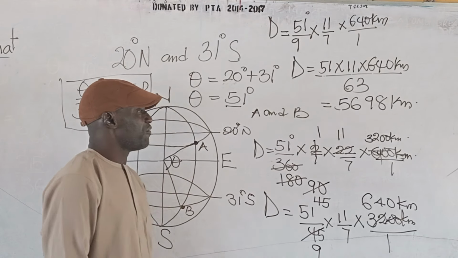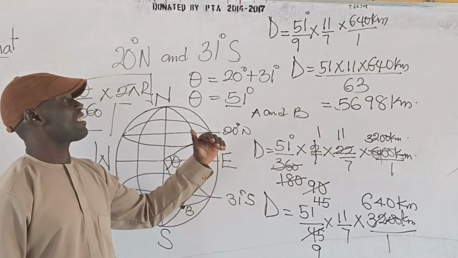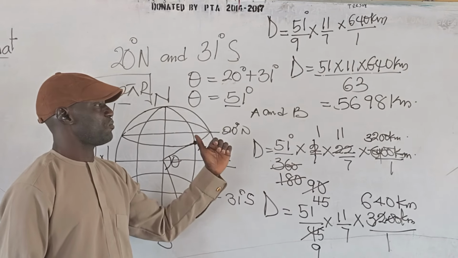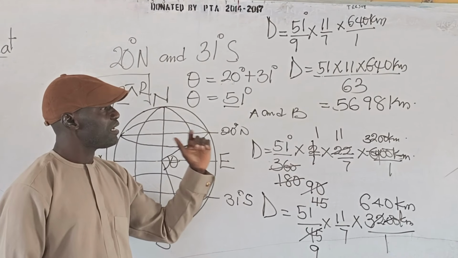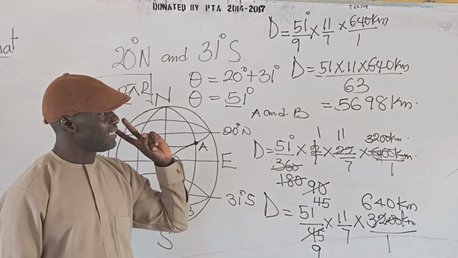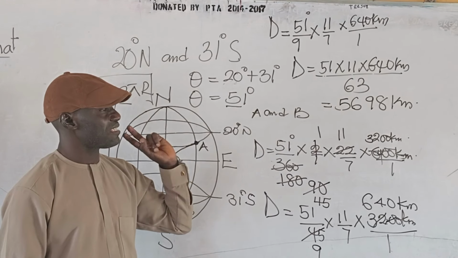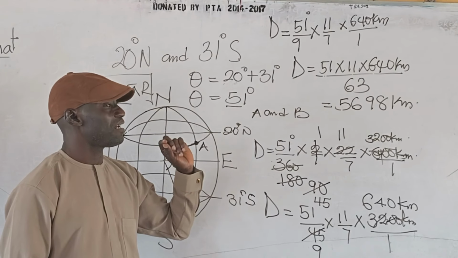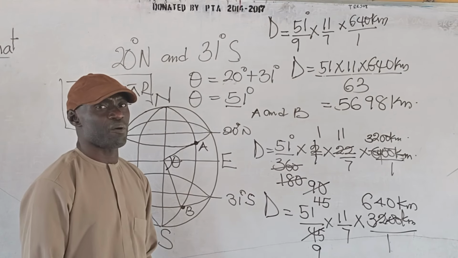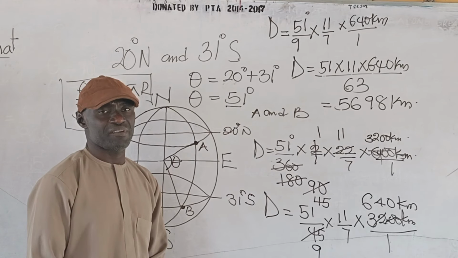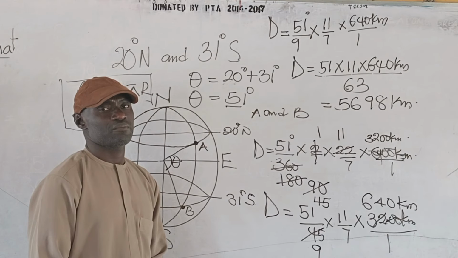Out of all the formulas I've given for longitude and latitude, I gave about 5 different formulas to use, but I've used one and I've also given 2 exercises on that one, which is number 3 formula. So I'm moving to another formula to apply by giving a new question.